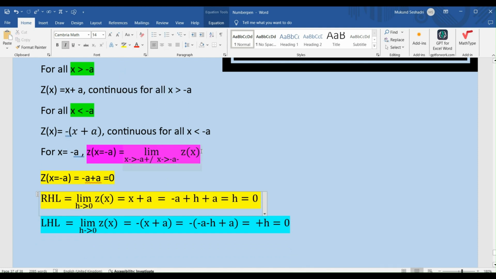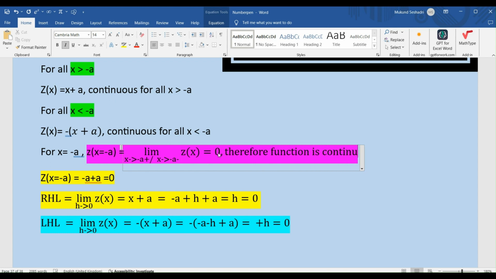So now we have that both of them, the left hand and the right hand limit, and at the point x equals minus a, all the three are 0, and therefore the function is continuous at x equals minus a as well, right?